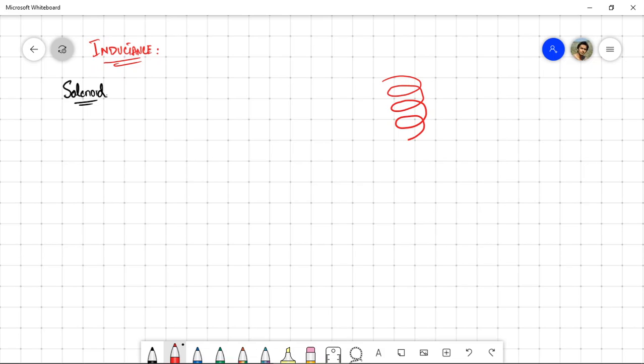So this is a solenoid. Inside this solenoid, whatever there is in between these turns is called the core. It can contain free air or free space as a core, or we can fill the inside of this solenoid with a ferromagnetic material or any kind of magnetic material for that matter, if we want to increase the permeability.